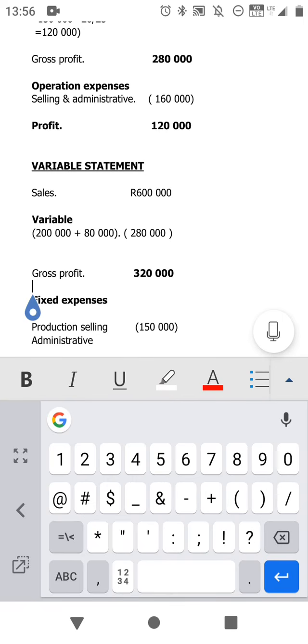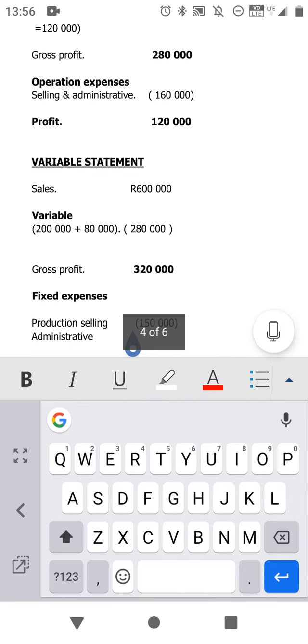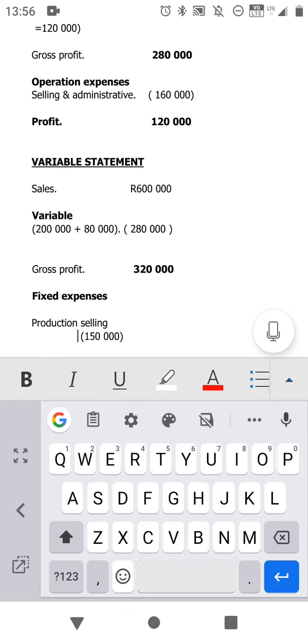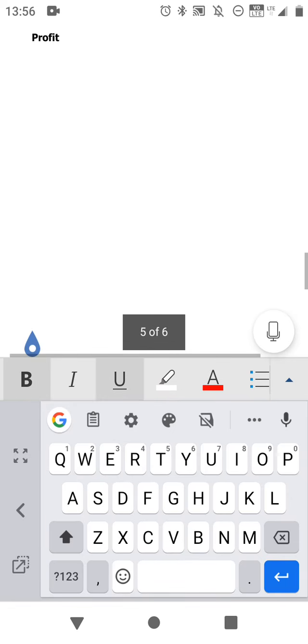Remember, this one you have to write as manufacturing fixed cost.